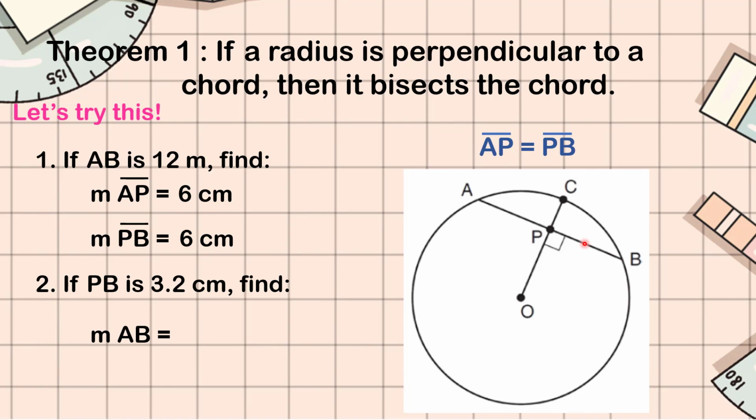Okay, so if PB is 3.2, AP is also 3.2. And 3.2 plus 3.2 is 6.4 centimeters. Or simply 3.2 centimeters times 2 is 6.4 centimeters.